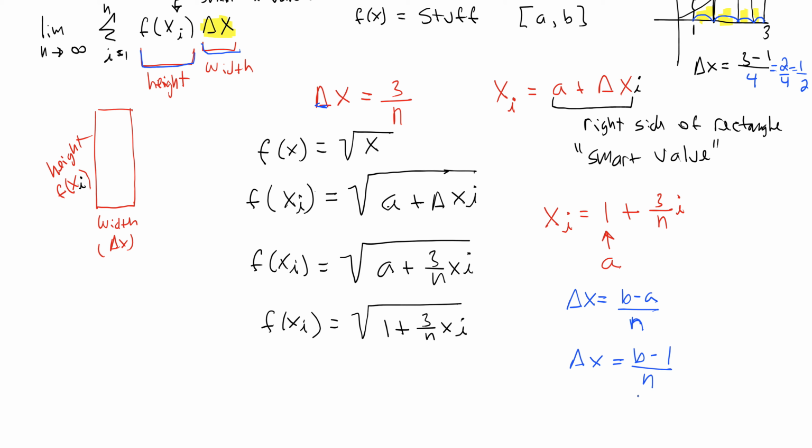But we know what delta x is. Delta x is 3 over n. All right, so we can substitute that in right there and get 3 over n equals b minus 1 over n. All right, multiply both sides by n.